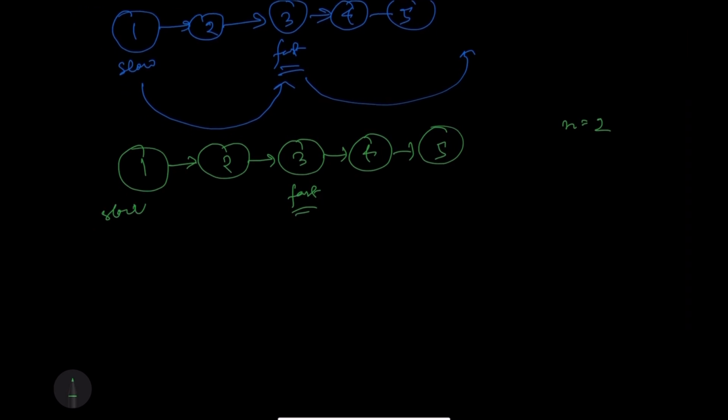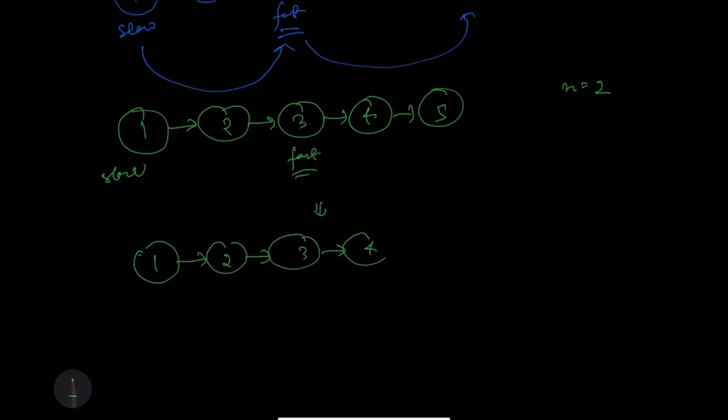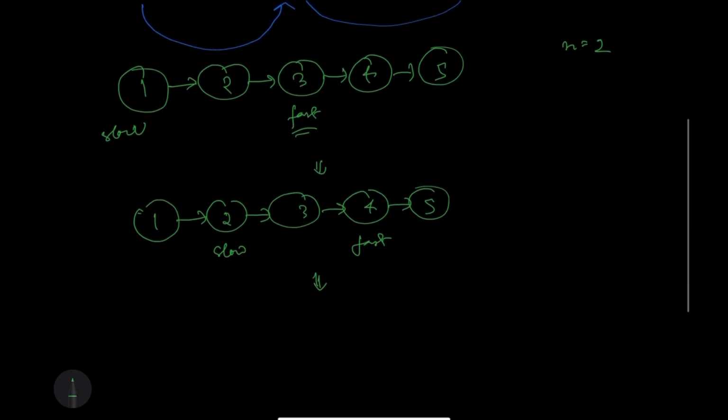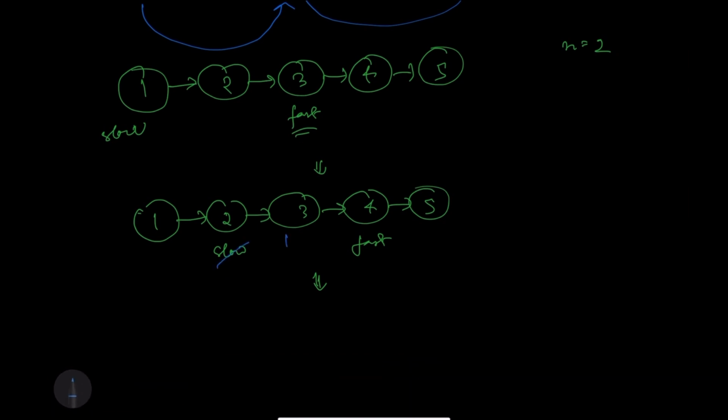Now on the next iteration, till fast reaches the end of our linked list, we will just iterate once. So 1, 2, 3, 4, 5. Our slow will come here, our fast will come here. Then on the next iteration, our slow will come here, our fast would go there.